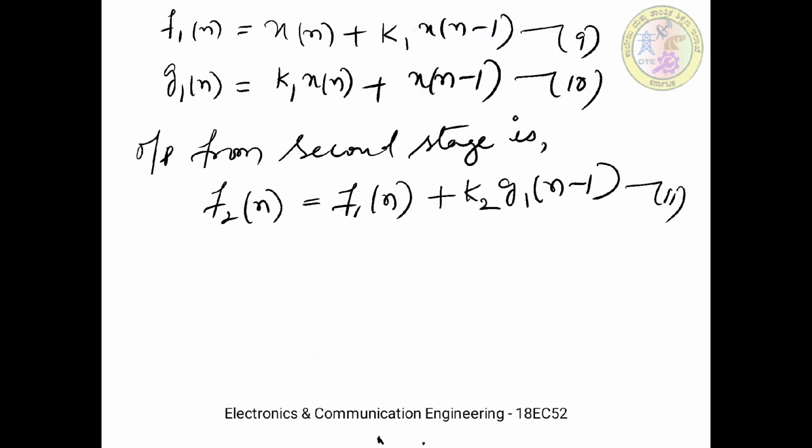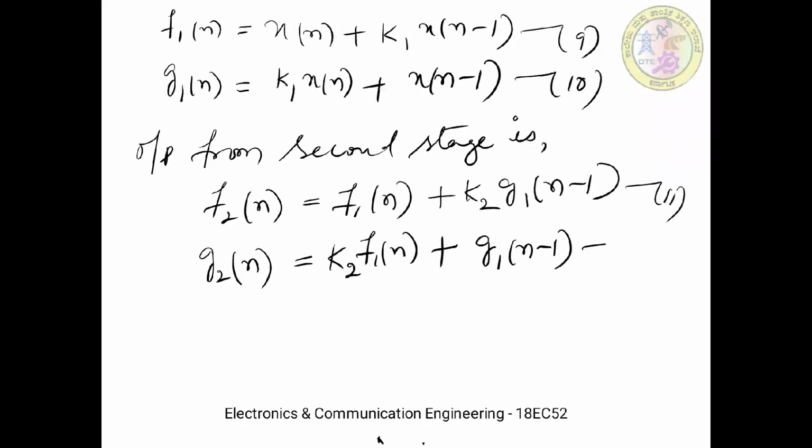So I can write g2 of n equal to k2 into f1 of n plus g1 of n minus 1. Call this equation 12. So from 11 and 12, this is one lattice structure equation. Here you can observe the multipliers are 1 and k2 in equation 11. In equation 12 it is k2 and 1, they are exchanged between the terms f1 and g1 of n minus 1 only. So now the final output.